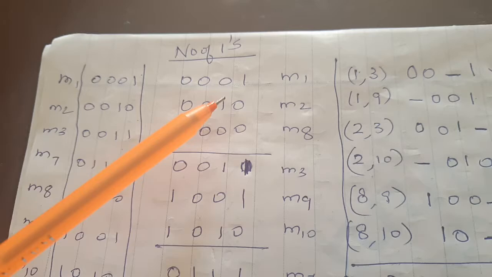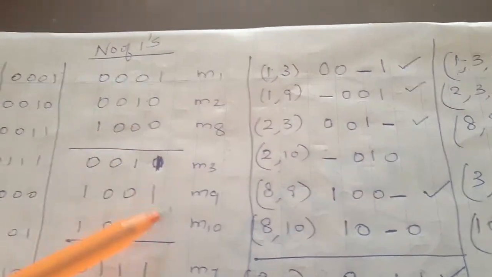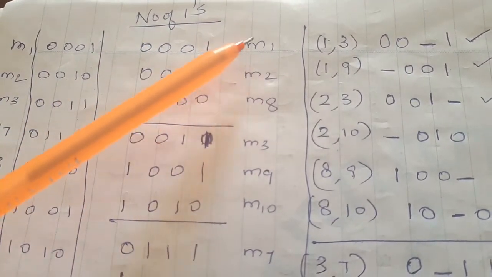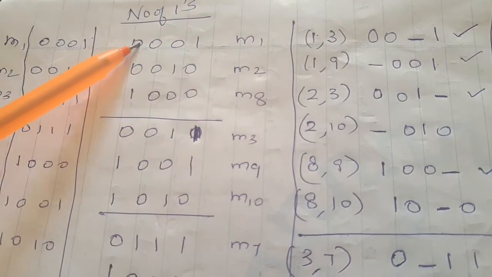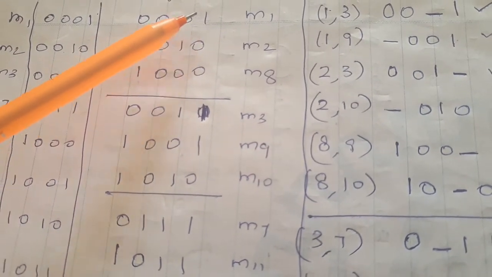The next column finds the relationship between the first subset and the next subset. Move from one subset to the next, comparing adjacent subsets. First take minterm 1, 0001, and combine it with the next subset.